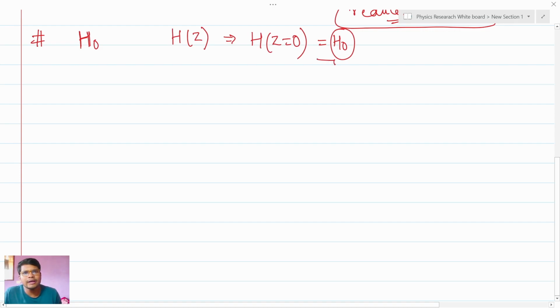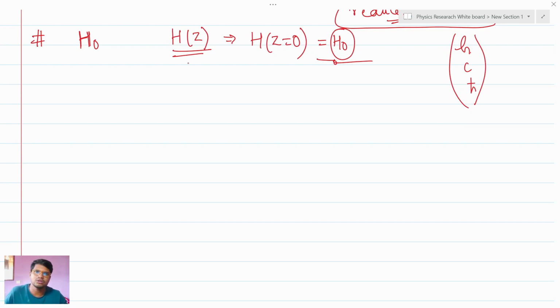Now H0 for the expanding universe has to be constant, just like the gravitational constant, the speed of light, the Planck quantity, right? So these are constants which will not vary, right? So in order to understand how we can extract the expansion rate of the universe, we first have to define a model, because without the model, you cannot estimate what your H is.